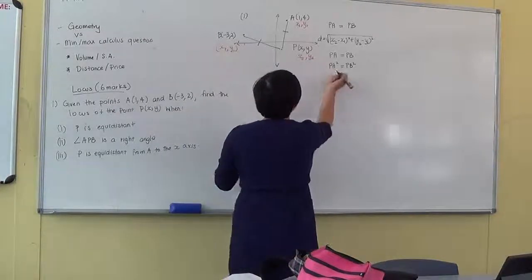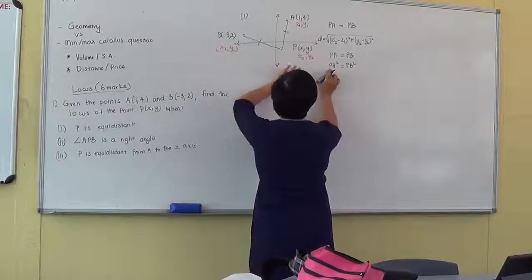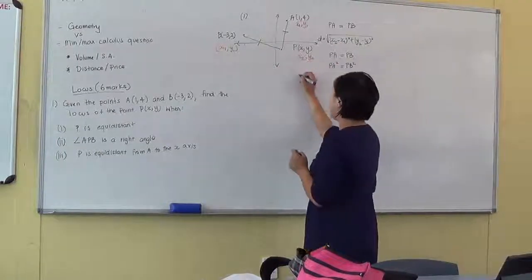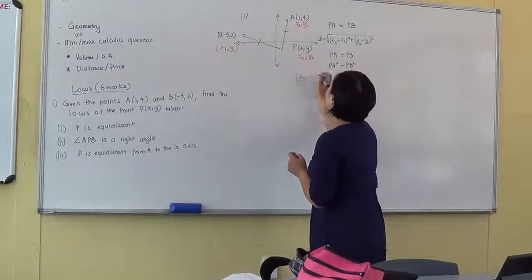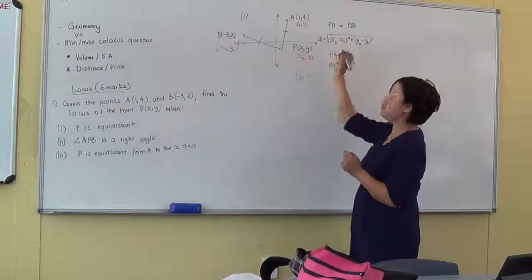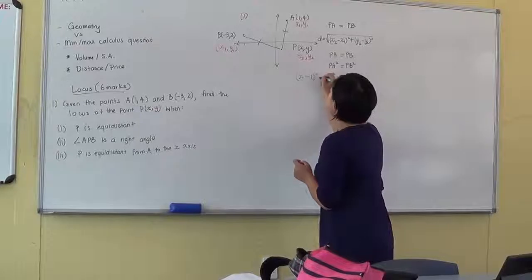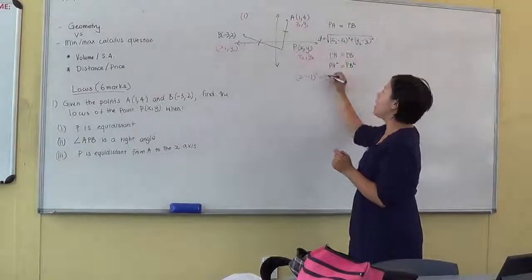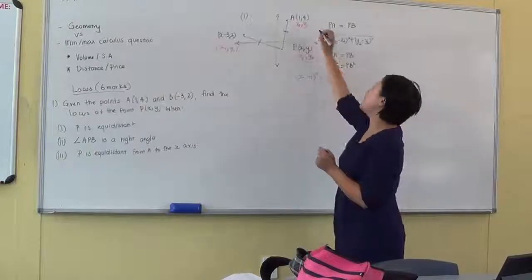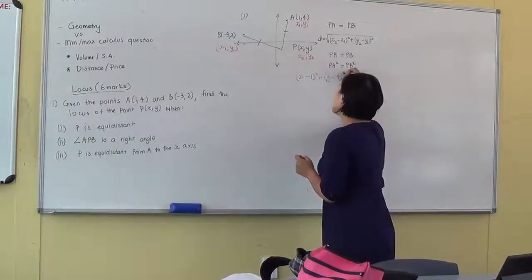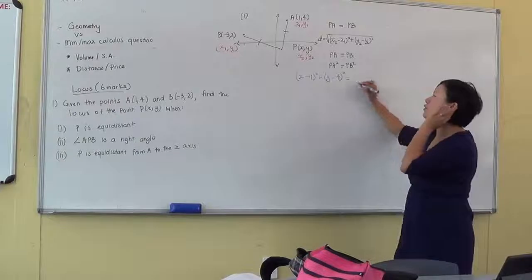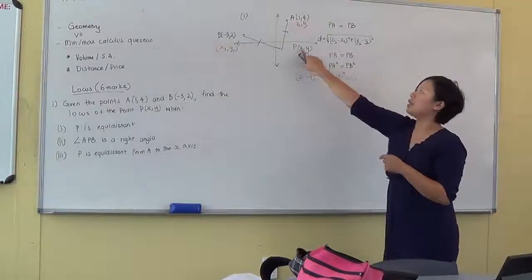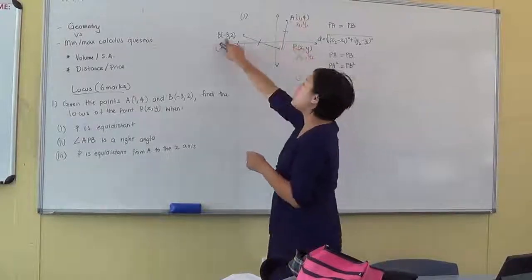So we'll start with PA. PA is x2, which is just x, minus x1, which is 1, all squared, plus y2, which is just y, minus y1, which is 4, all squared. And that's going to equal PB, which is x minus -3.